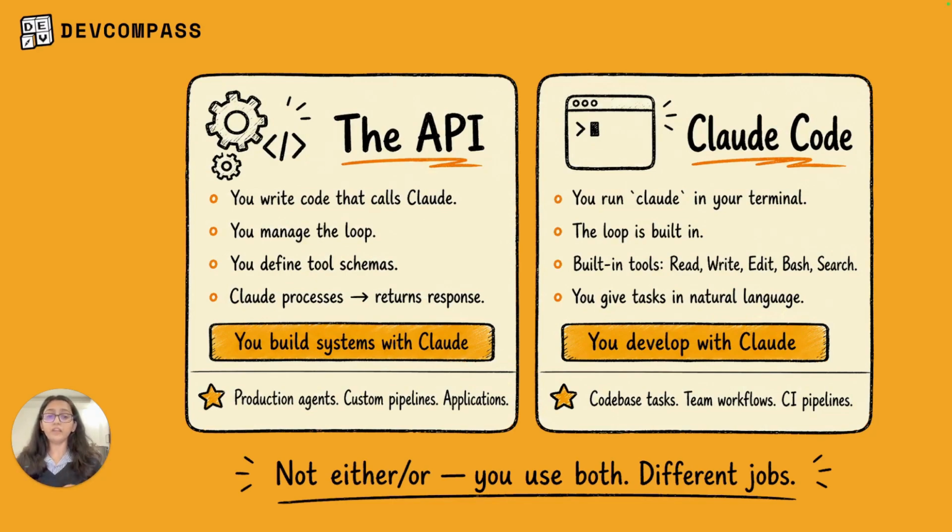So the left side, which is the API, is where you build systems with Claude, whereas with Claude Code you develop with Claude. API for production agents, pipelines, applications; Claude Code for code base work, team workflows, CI, etc. The key thing to understand is they're not either or.